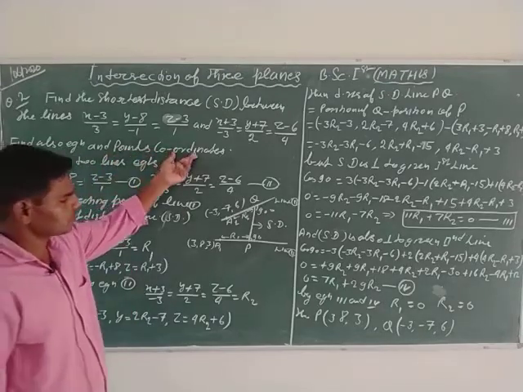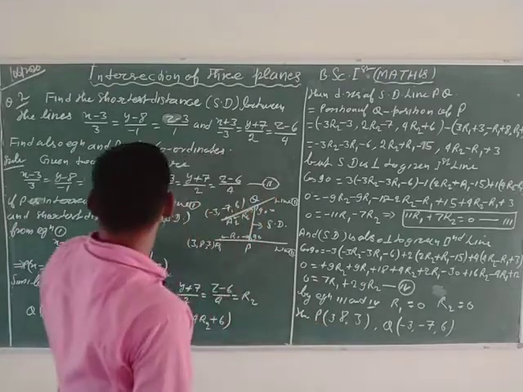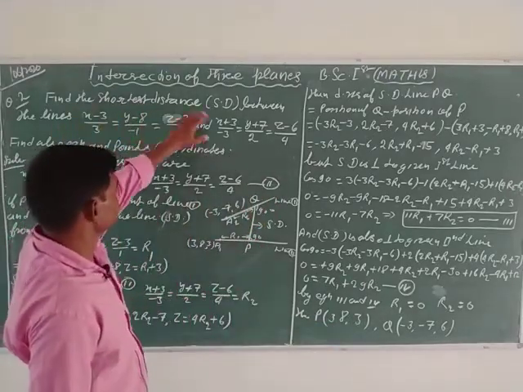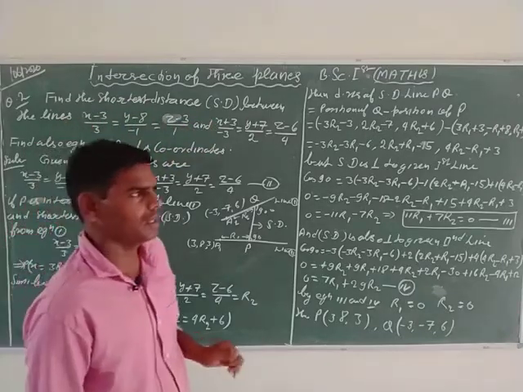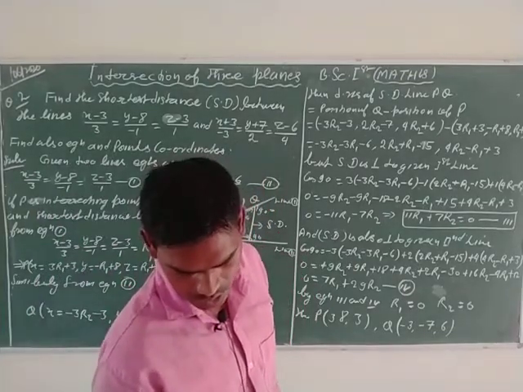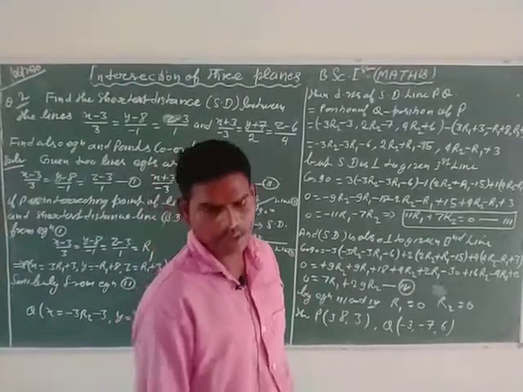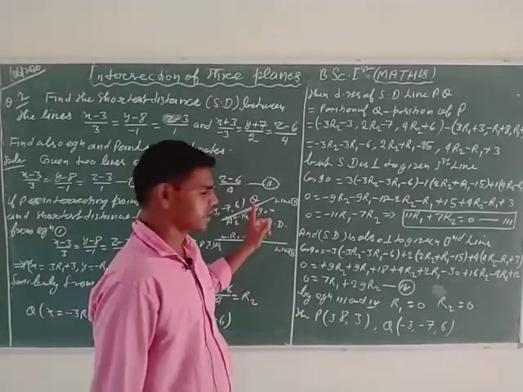So the points' coordinates are clear. Now find the shortest distance SD between these lines, meaning calculate the distance between these two points P and Q. It is called the shortest distance, which is the length between the given two lines, first and second.